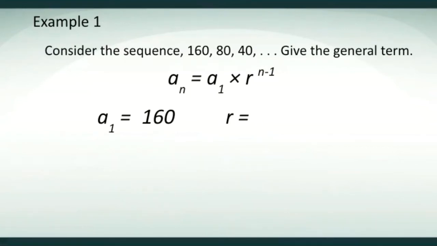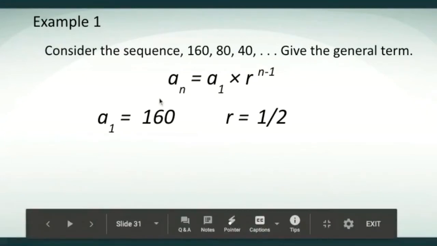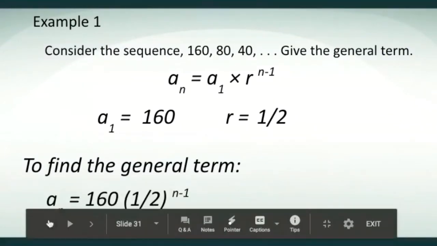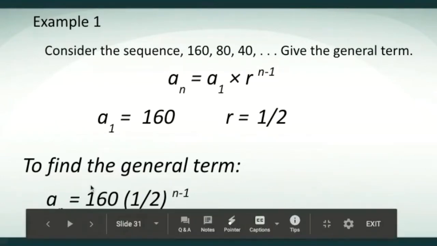Now, since we already have our common ratio, which is 1/2, we can solve our general term. We just substitute the values: we already have the a sub 1 and the common ratio. So we get a sub n is equal to 160 times 1/2 to the power of n minus 1.